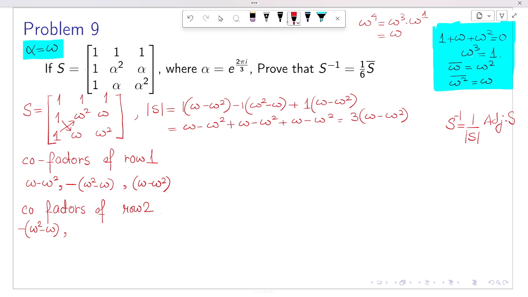Next we hide this row and this column. This is omega square minus omega. Next we hide this column and this row, and this is omega minus 1 with a negative sign. Cofactors of row 3.